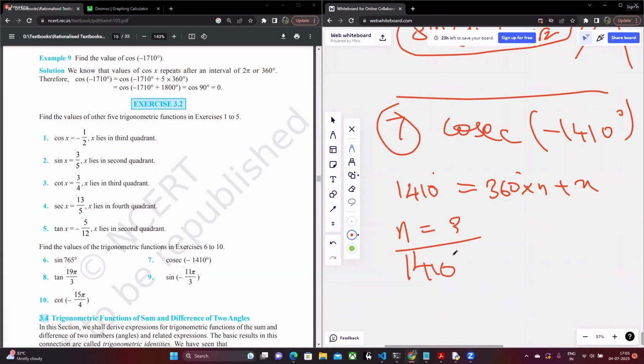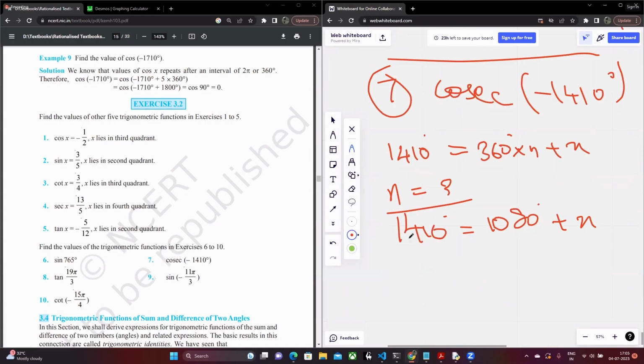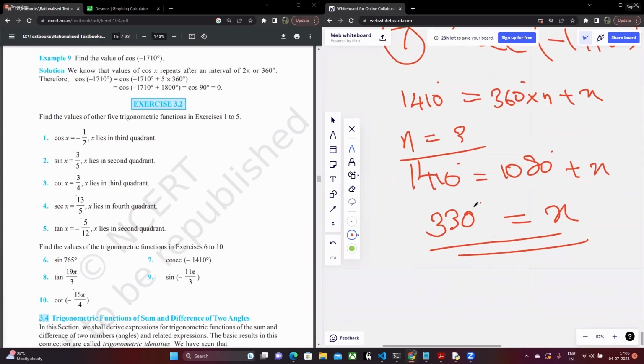If I take this as 360, then I'll get 1410 is basically 360 times 3, that is going to be 1080 plus x, which means that I'll be left with 350 degrees, right? 350 degrees over here, it's going to be equal to x. Wait, now 350 is 330. 330, I'm sorry. This is 330 degrees. And that's going to be x.